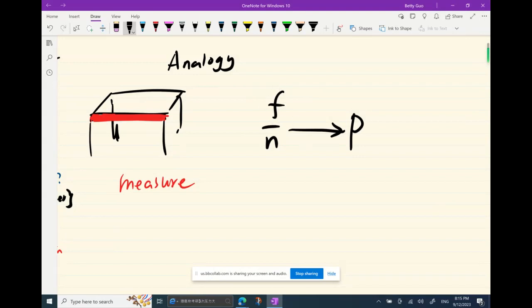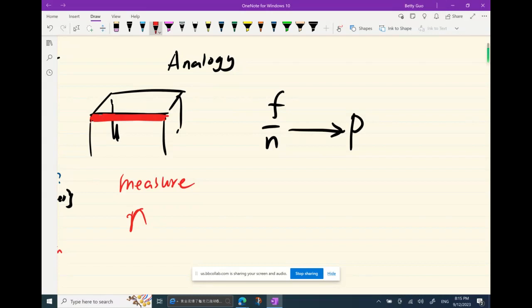We use the relative frequency to measure it, similar to measuring the table length. In order to get an estimate as close as possible to the actual value, we can measure n times, use different tools, use a different person, because a person has subjective judgment.